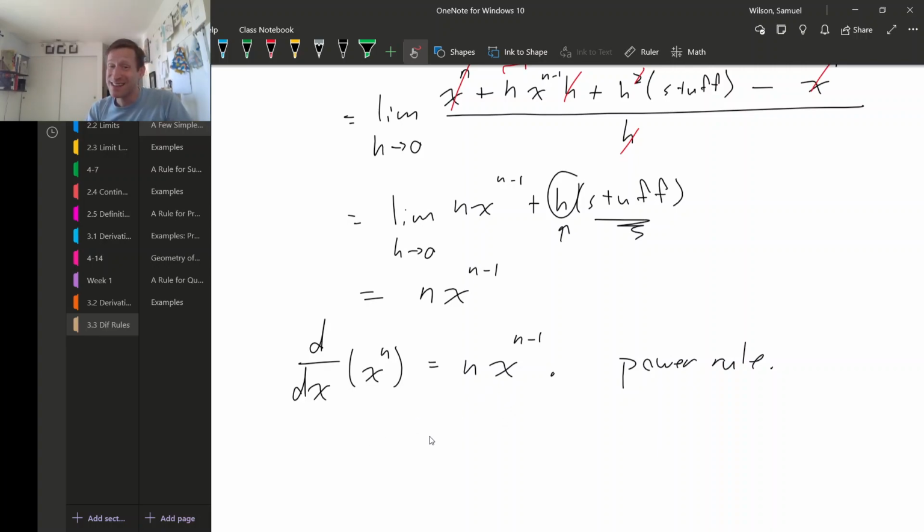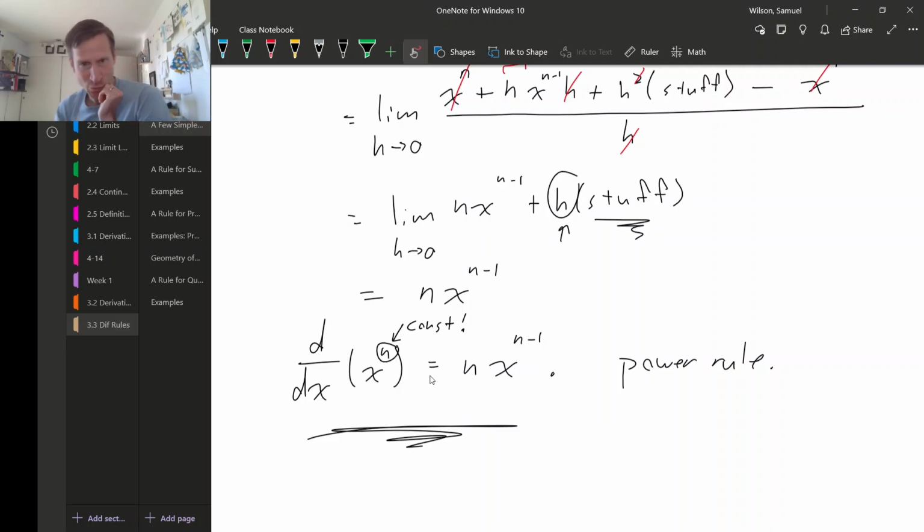But in fact, this power rule is true for any exponent, as long as the exponent is a constant. It doesn't matter what constant it is, it can be any real number. We will prove it for all real powers later in the quarter. But for now, I guess I'll just ask you to take my word for it.